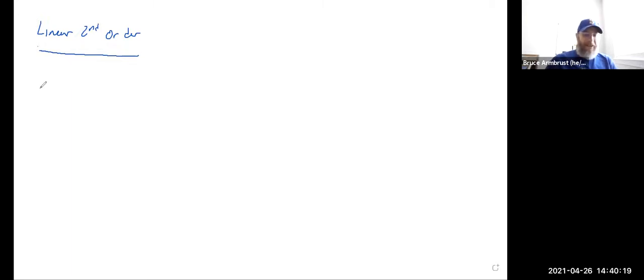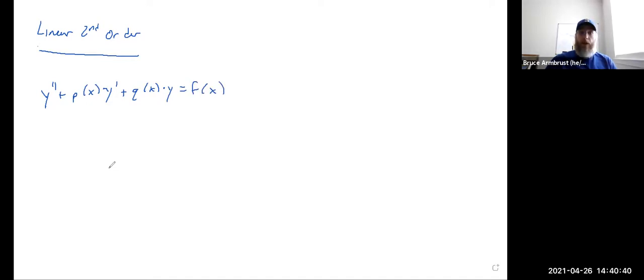All right, so linear second order, we'll go back to the y's and things that we're kind of used to. We're going to go with this as our kind of third form for linear second order. It's really the same kind of ideas we had before, because remember before we had y prime plus p of x times y equals f of x.